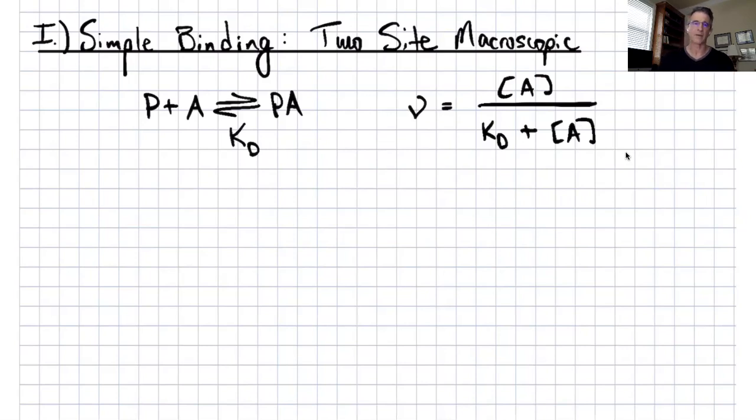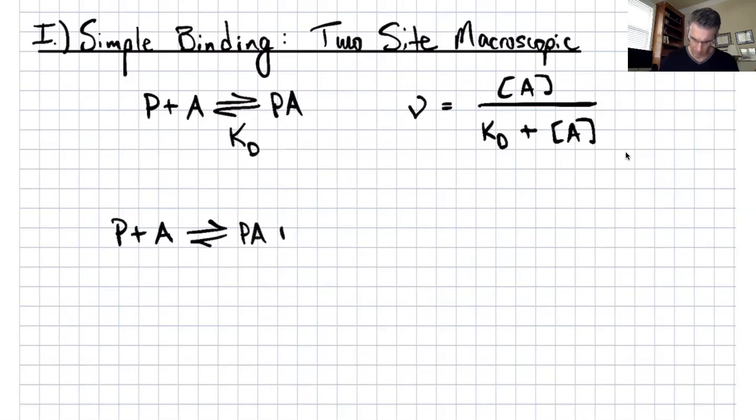But then I ended with the next more complex case, right? Well, what if our molecule could bind more than one ligand? And let's just say it's the same ligand, but we've got two binding sites. That's the next most complex case. I didn't write it out explicitly last time, but I'm going to write it out explicitly this time. So what if we had protein combine a mole of A to form a PA complex?